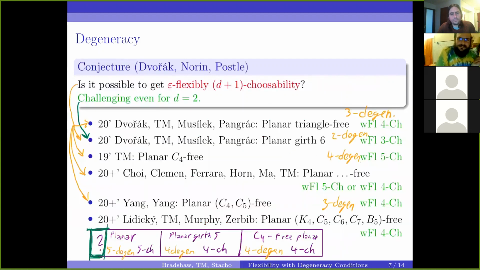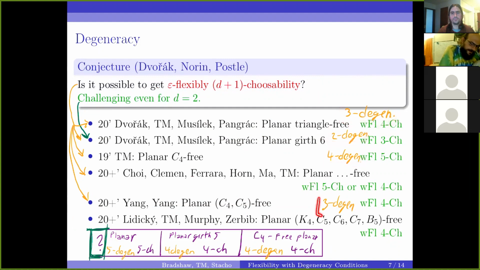So now let's return back to what I promised. I said that this conjecture might not be easy, while the same statement is trivial for choosability. So let me now show you what proving this conjecture could mean. This is the list of the known results for planar graphs, and I wrote here the degeneracy of those graph classes.